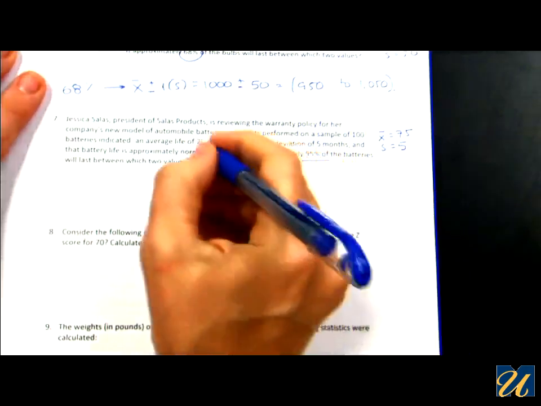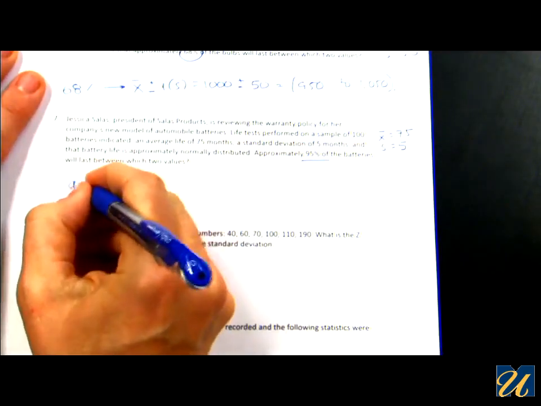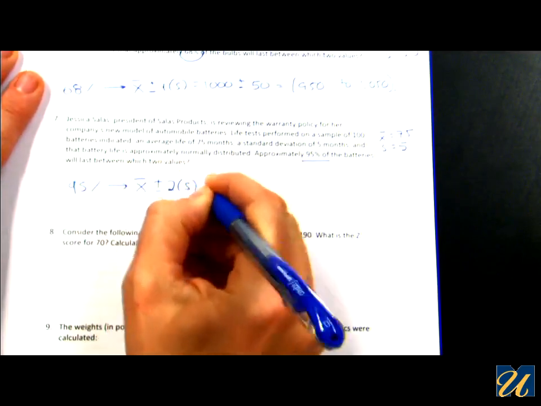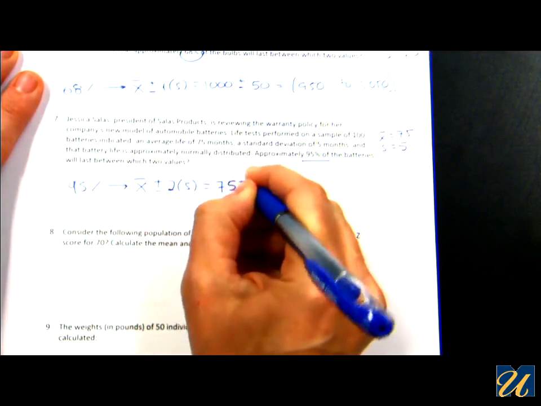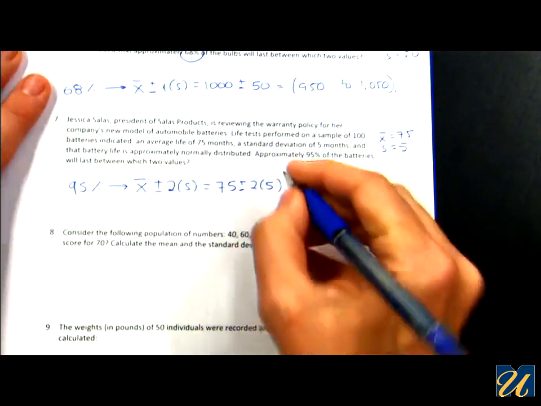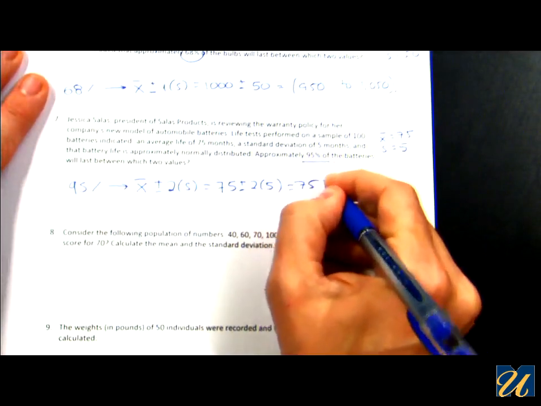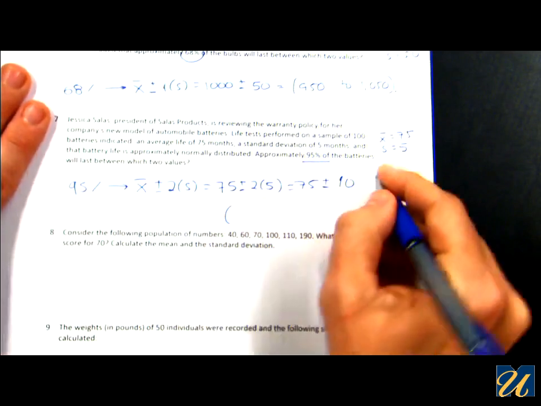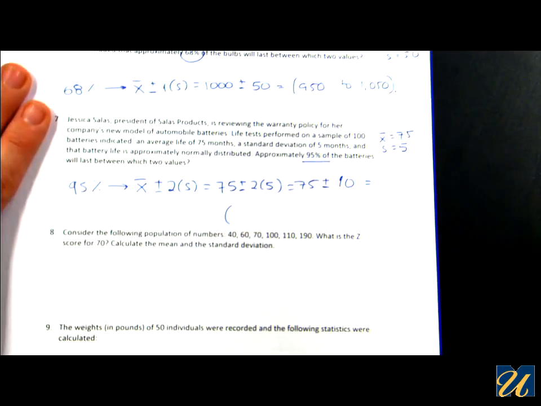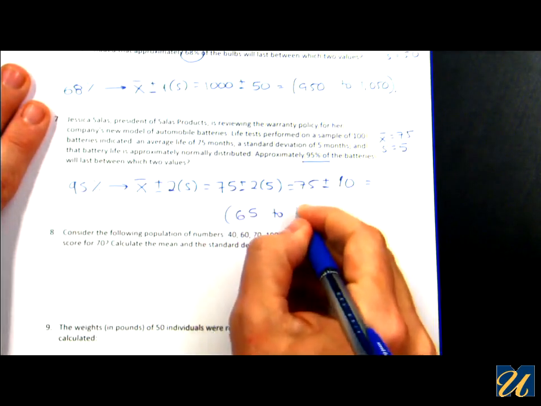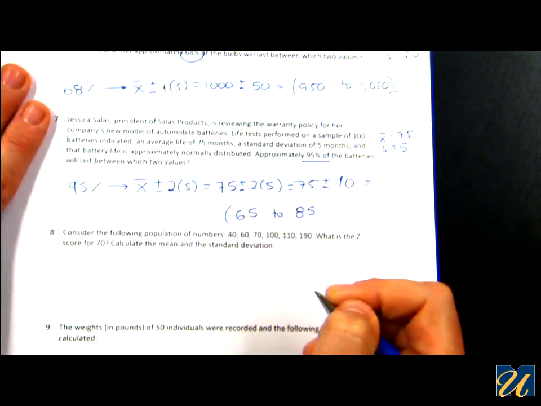So 95% means X bar plus or minus 2 times your standard deviation. 75 plus or minus 2 times 5, so 75 plus or minus 10. So 95% of the batteries will last between 65 to 85 months.